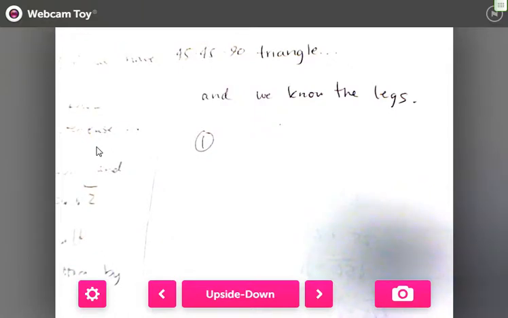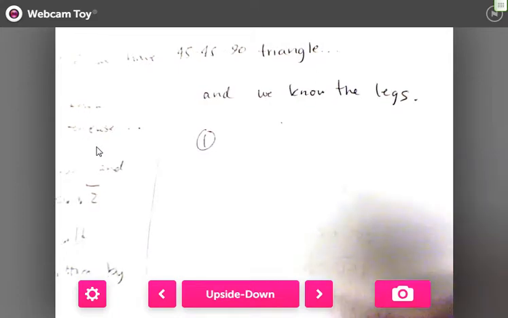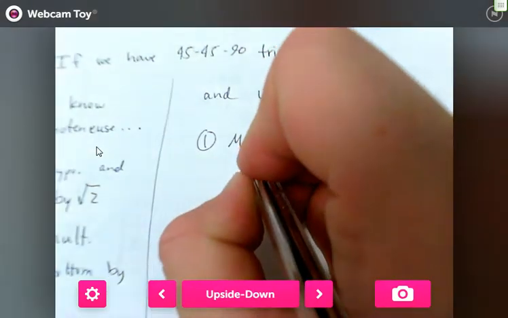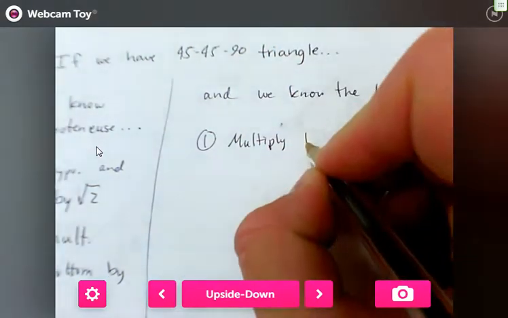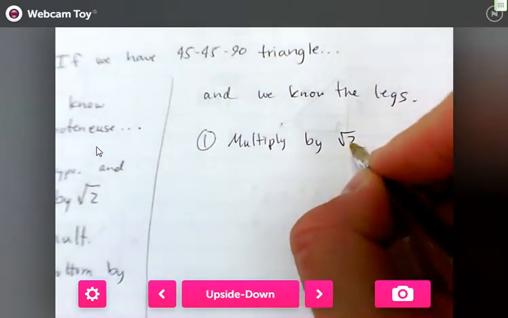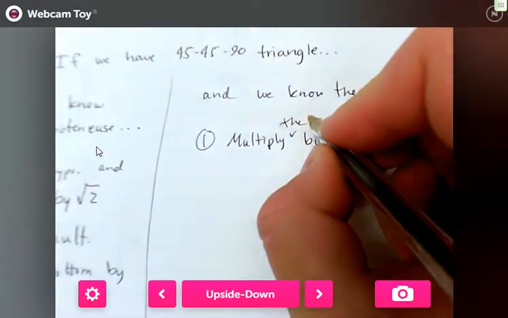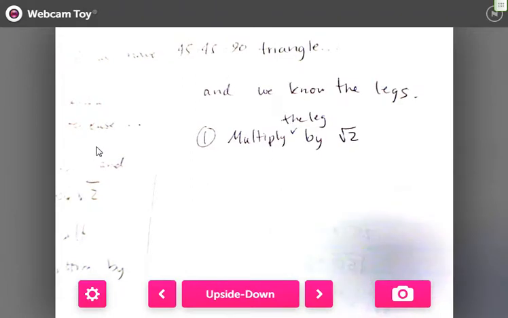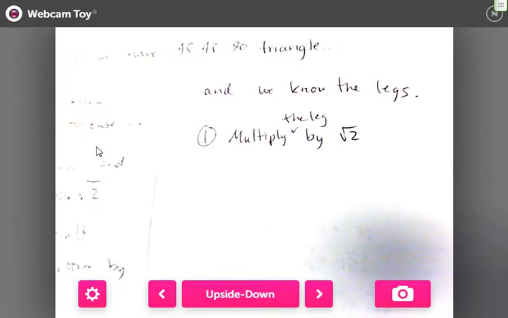We got 5 square root 2. So we multiply the leg by square root of 2. All good?